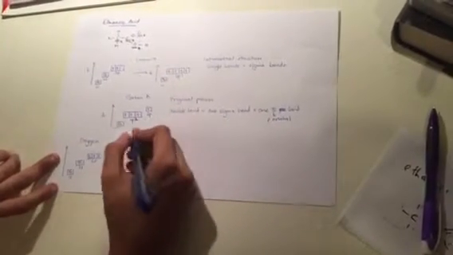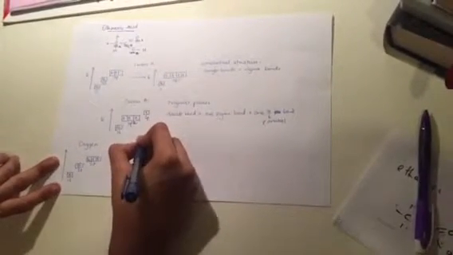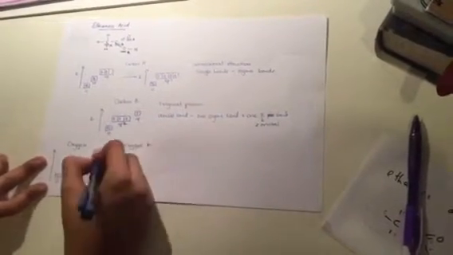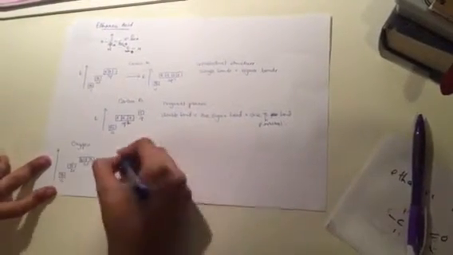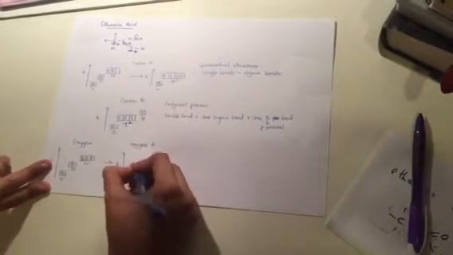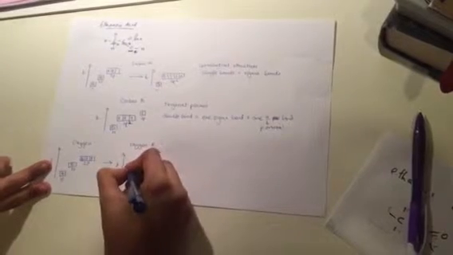So for oxygen, we'll do oxygen A first. For oxygen A, after hybridization, you get 1s2.